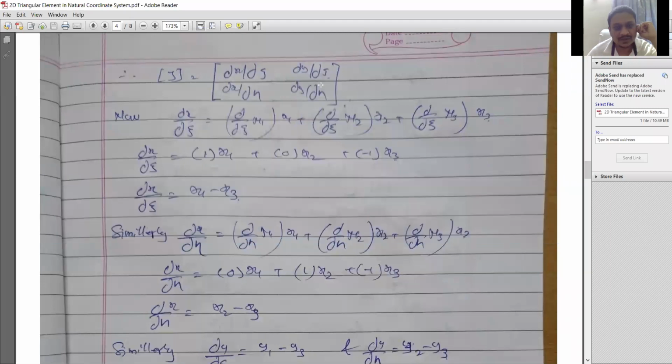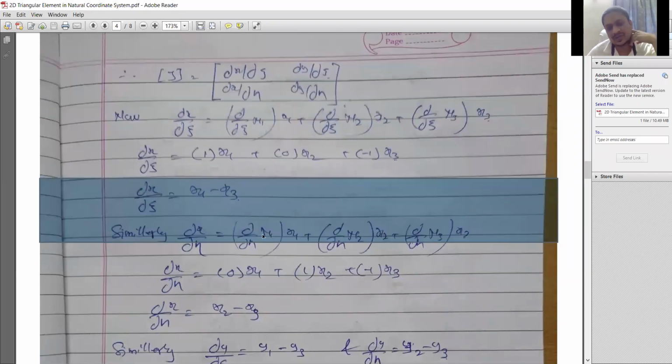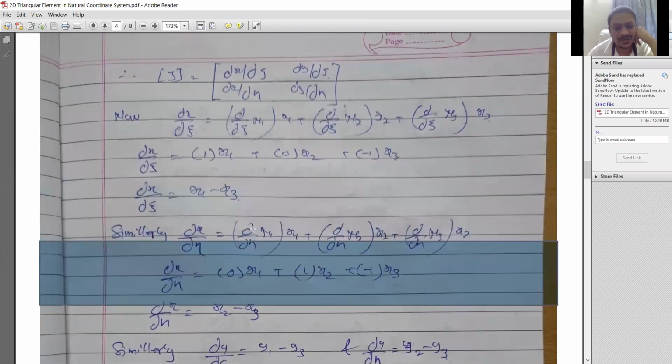Similarly, we can calculate the second term, that is dx by d eta. Your x value is n1 x1 + n2 x2 + n3 x3. So we can go for a derivative of that with respect to eta, and d by d eta of n1 becomes 0, d by d eta of n2 becomes 1, and d by d eta of n3 becomes minus 1.